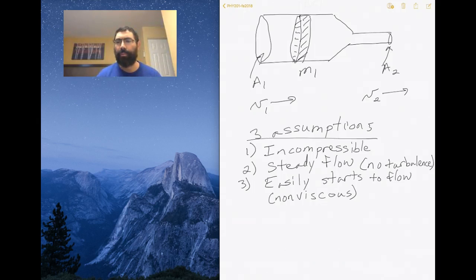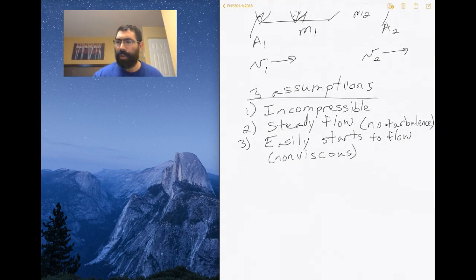So the idea then is if we have this volume of fluid right here, this volume of fluid is going to become this volume of fluid down here. So it has a mass m2, and now it has a length of delta x2, like so.